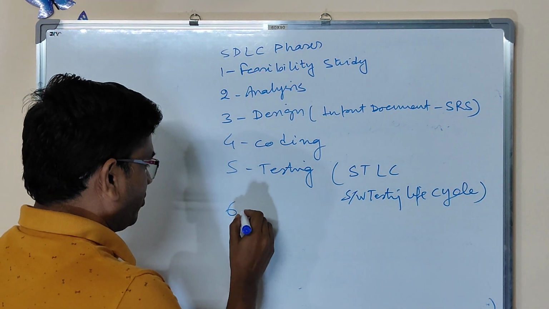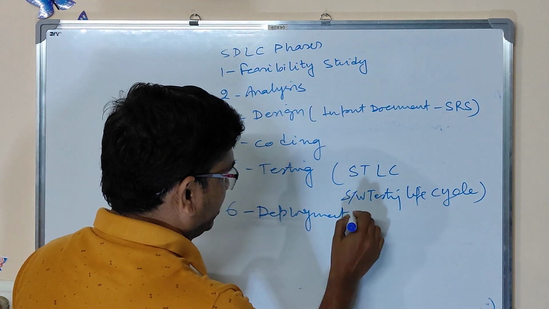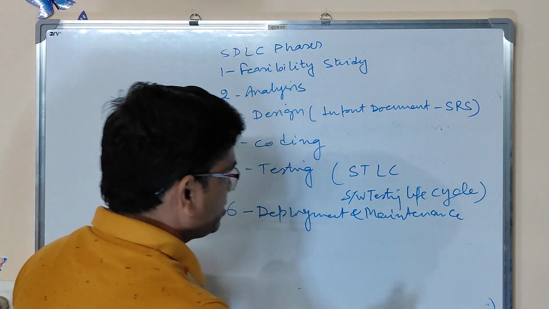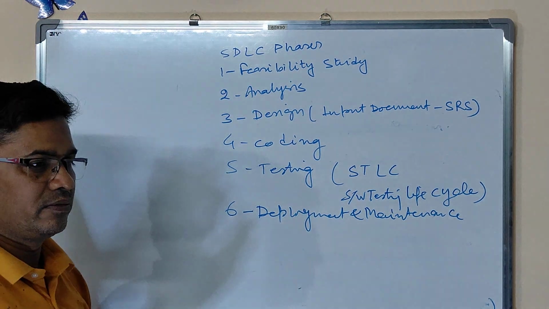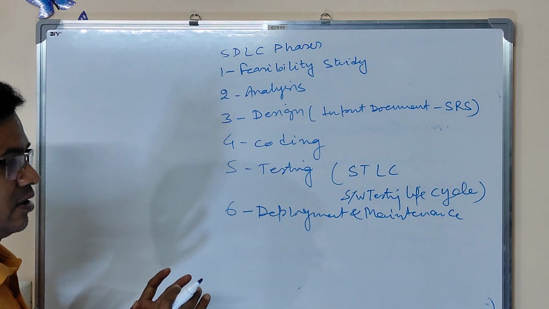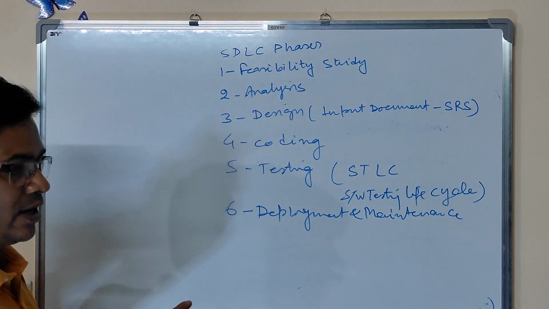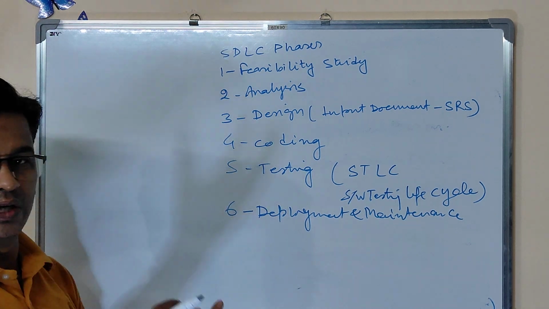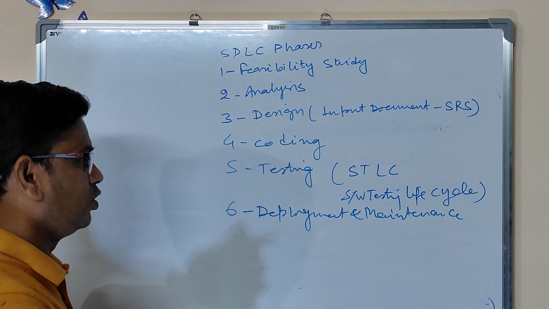So the last phase is deployment and maintenance. Deployment means the application tested by the QA team is ready to go live. So normally we need a production environment where the development team will deploy this software, where anyone would be able to use this application.